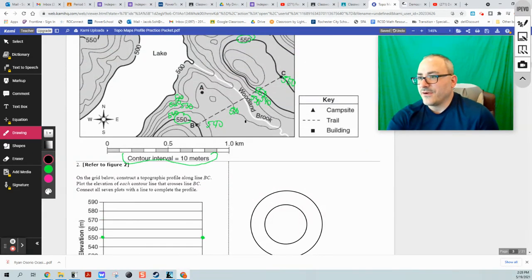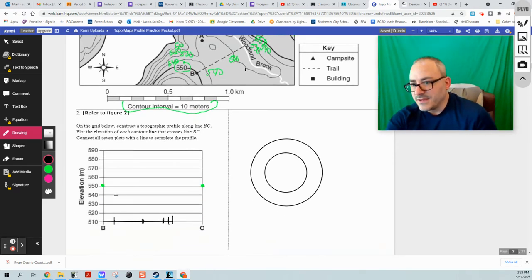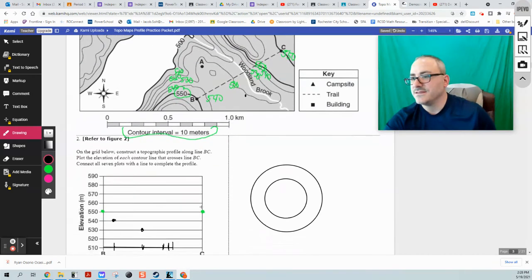All right, 540. No, I start at 550 to 540. So this one here is going to be 540. All right, that's between here and there. And then my next one is 530. Right here, 530. Probably should use my pen for this. This makes more sense. My next contour line is going to stay 530, right? What's the one that wraps around and goes right there? The water is somewhere in here. The Woodland Brook.